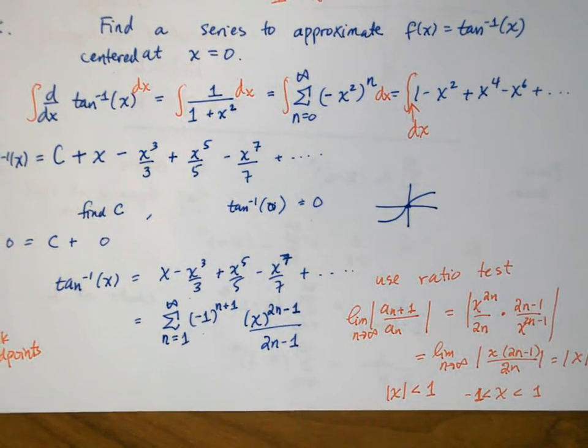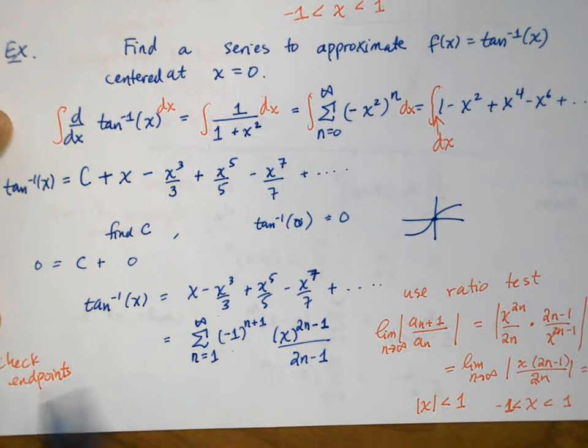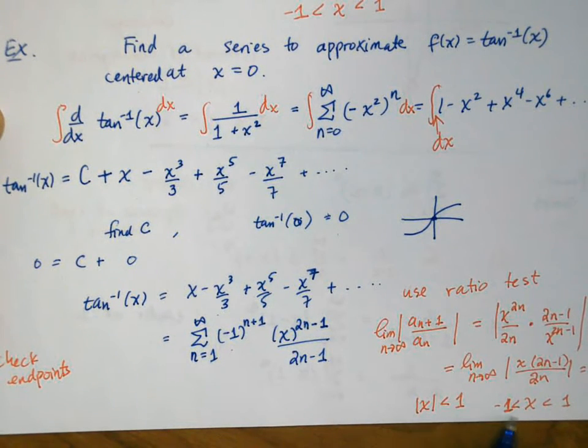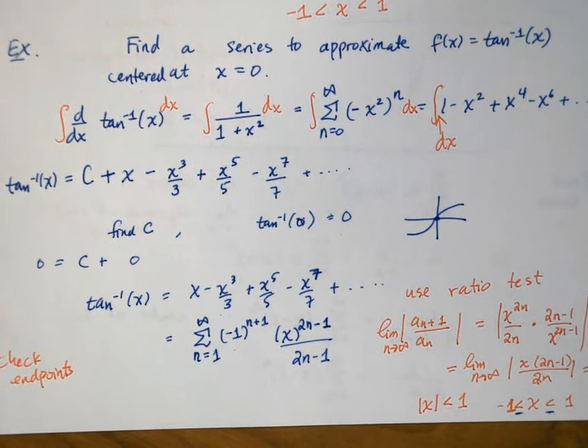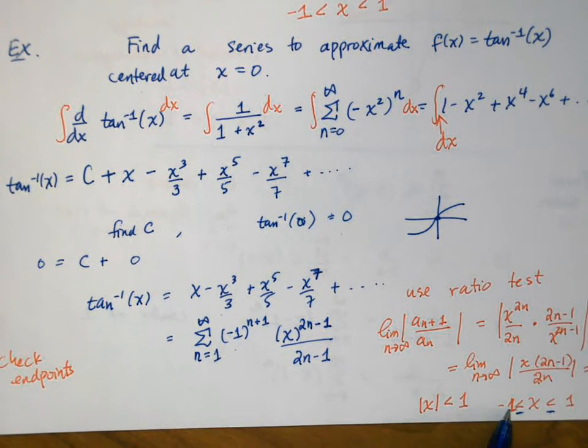I'll leave that to you to work out on your own, but you can see that if you put 1 or negative 1 into here, you get an alternating series that does converge. So this is true if we put the equality sign in there, and it's a good exercise for you to work that out on your own, just to see that in fact it is an alternating series if you were to put negative 1 or positive 1 in there.